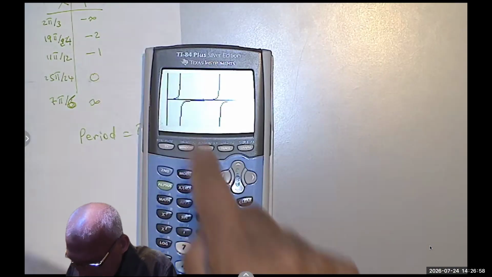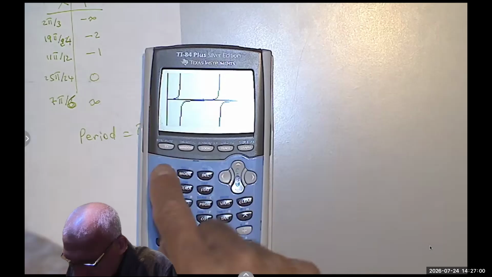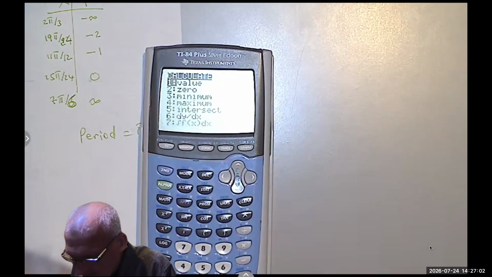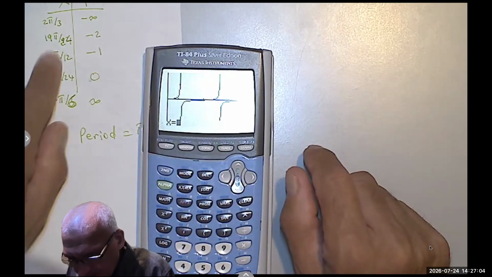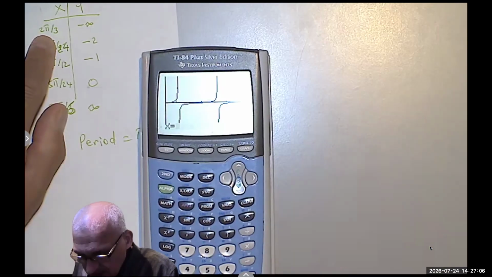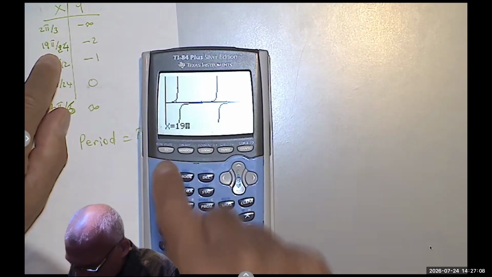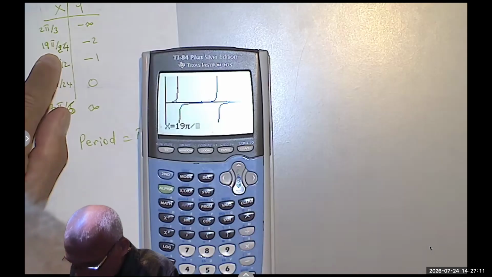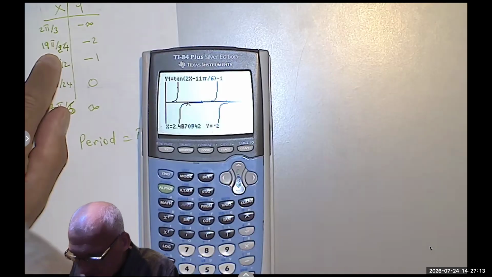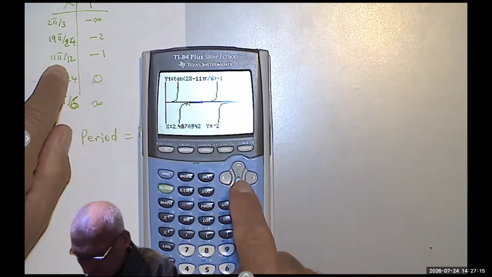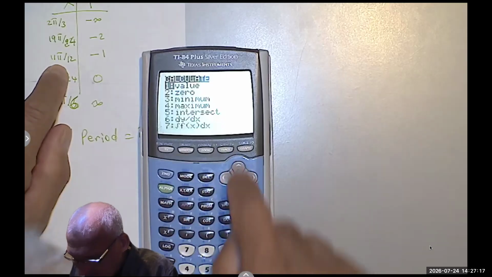But now, if I go to calc and I say, give me the value of y when x is 19 pi over 24. It's -2, so this is correct. Why it was wrong last time?